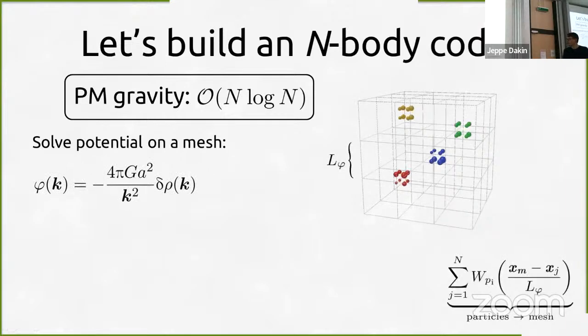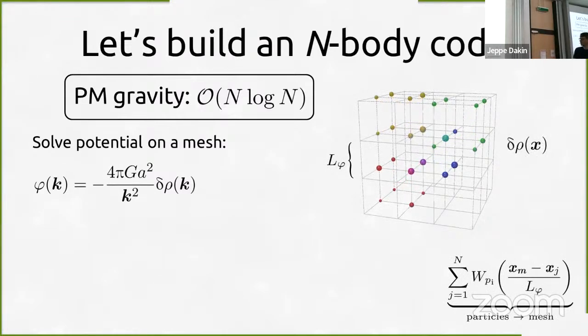Okay. Now we need to take the particles and somehow interpolate them onto the grid points. So here this W function is some interpolation kernel which maps the particles to the mesh positions. Okay, then we got a grid of density values. Then we can go to Fourier space and we can divide by k squared to now get the potential instead.